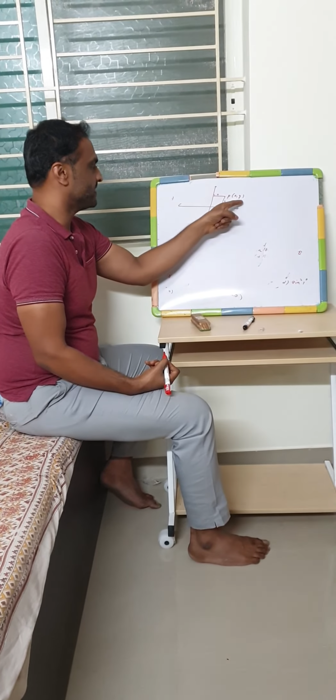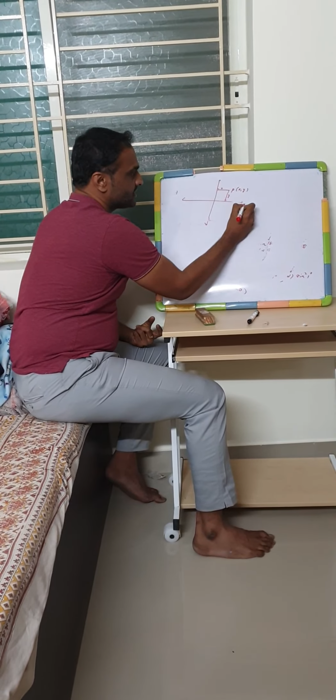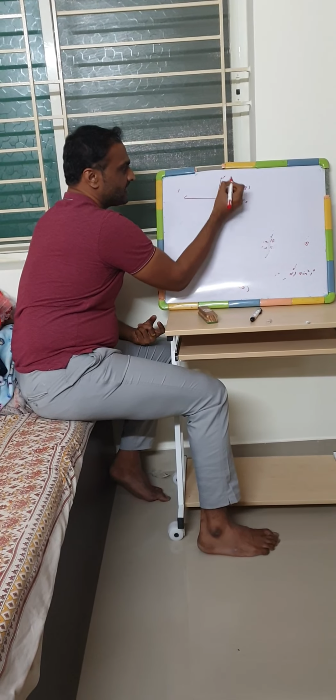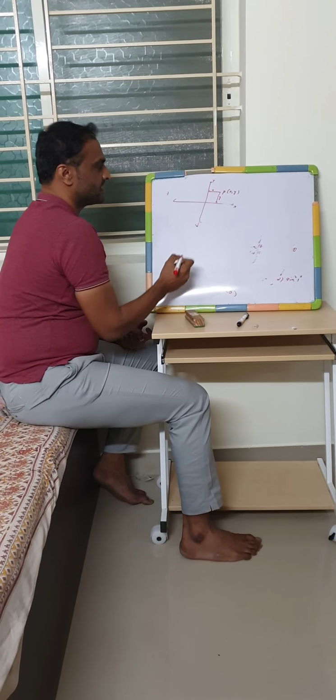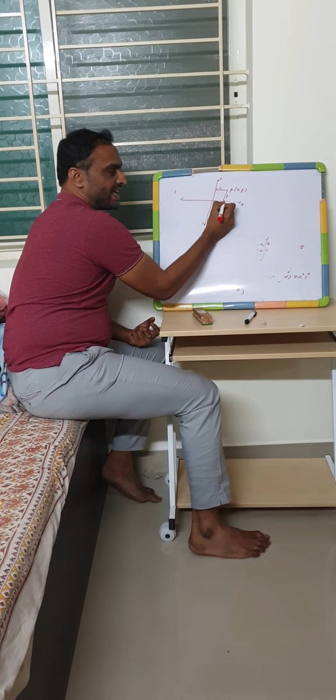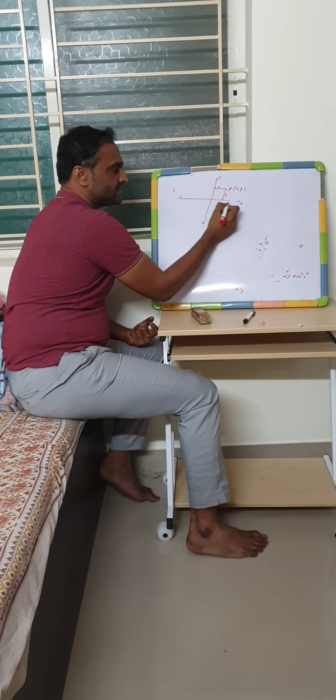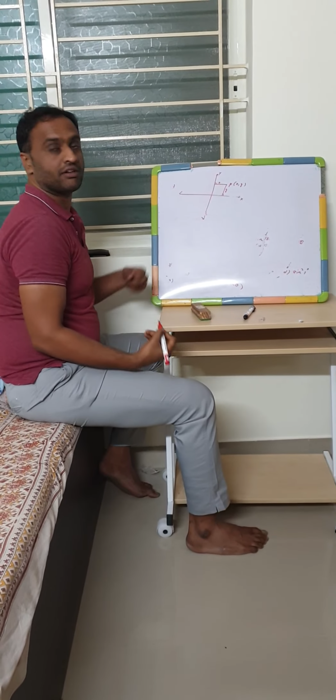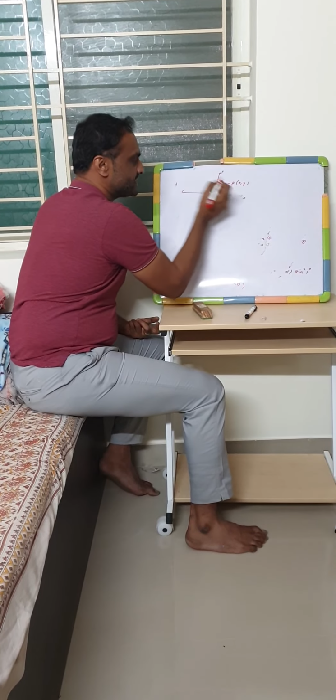We represent it as x comma y, where x is your perpendicular to y axis and y is your perpendicular to x axis. X means how many units you have walked along the x axis, and y is how many units you have walked along the y axis, right?